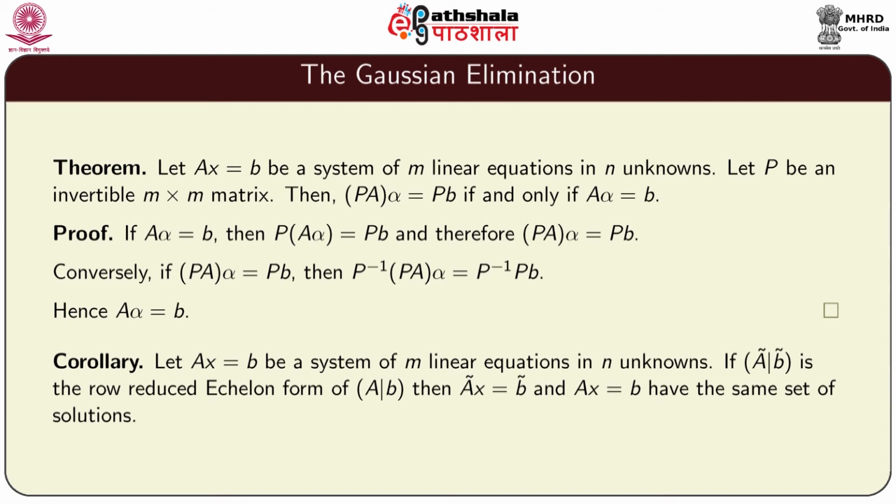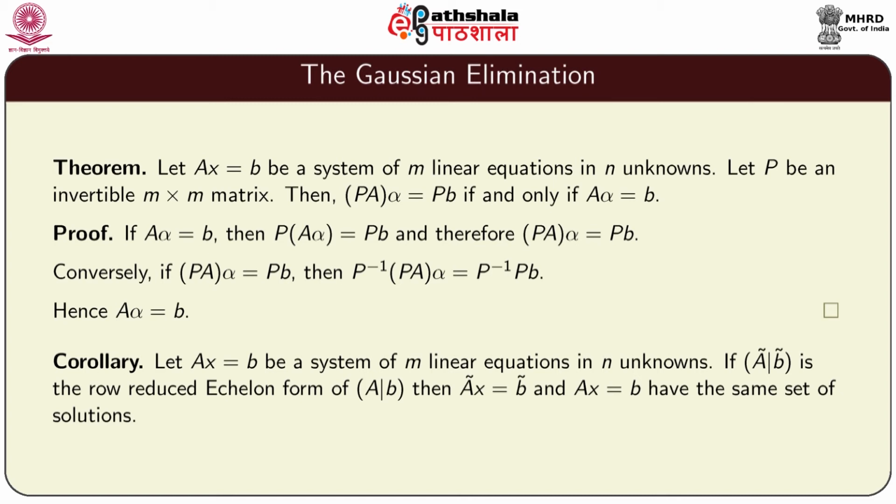Let us see the proof. Alpha is a solution, therefore A alpha is equal to B, and if we apply P, then PA alpha is PB, and it is a basic rule of matrix multiplication that you can shift the braces.